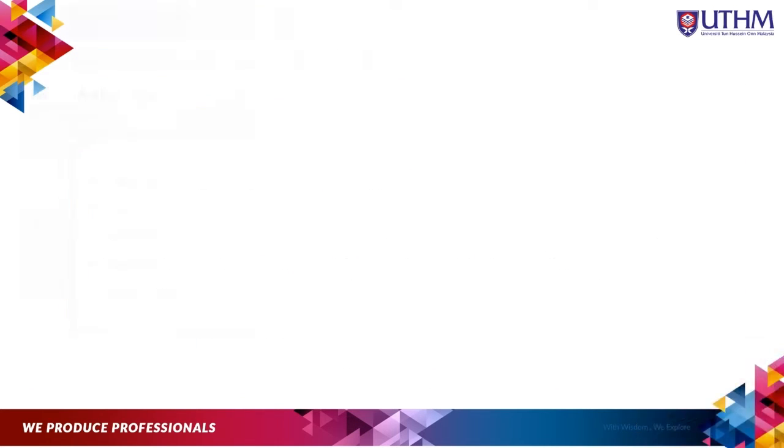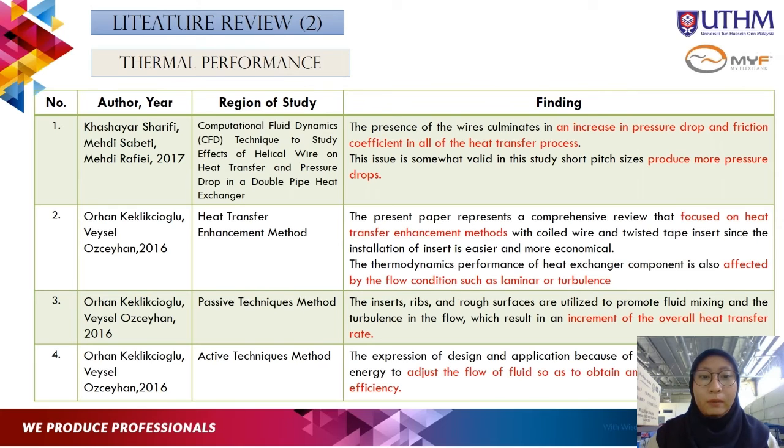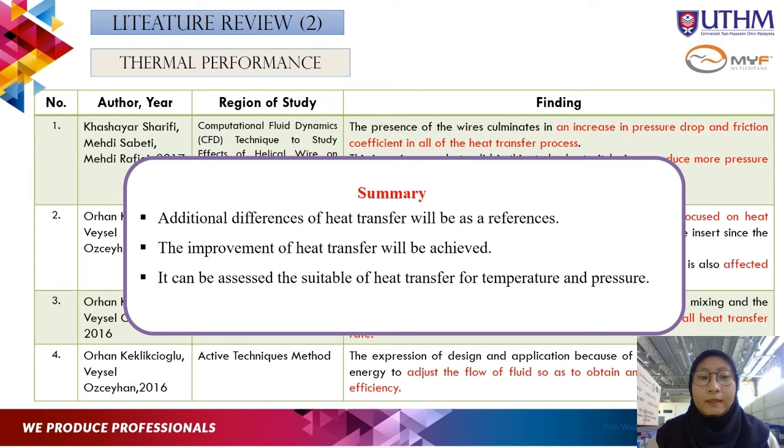Literature review number 2 is thermal performance. From the summary, the additional difference of heat transfer will be a reference, the improvement of heat transfer will be achieved, and the suitability of the heat transfer for the temperature and pressure can be assessed.